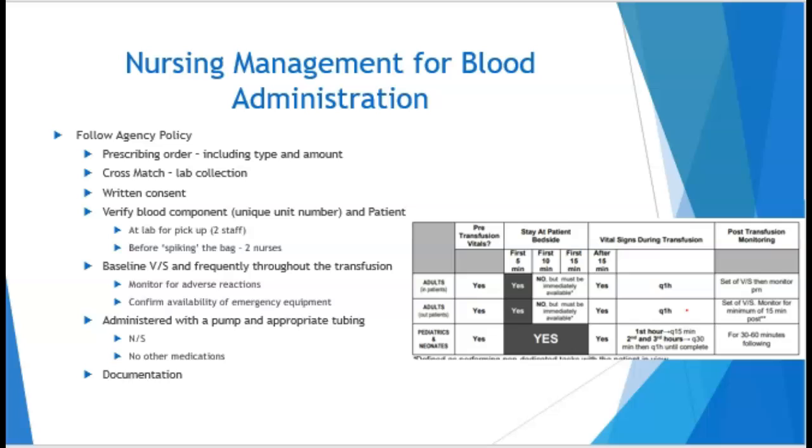We will monitor their vital signs closely. We will notify the physician or the prescriber, and we will notify the transfusion lab, the lab in our case, as to where the blood product came out of. We would make sure that they know that there's been a reaction.